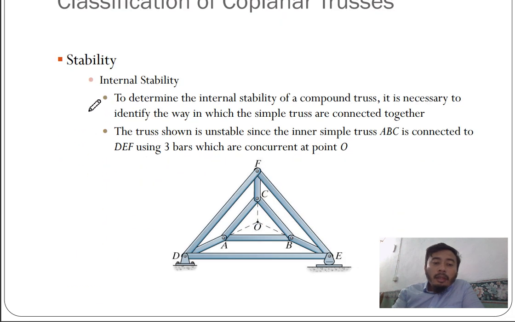To determine the internal stability of a compound truss, it is necessary to identify the way in which the simple trusses are connected together. How the simple trusses are connected will define the internal stability.